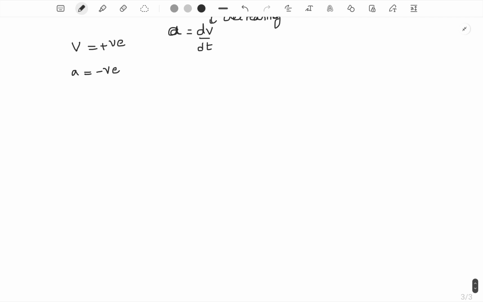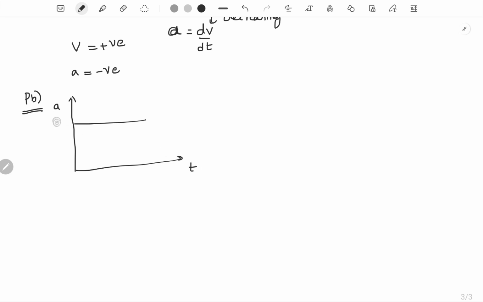Now let's discuss a few example problems based on uniformly accelerated motion. Let's say they gave us the acceleration-time graph of a body, something like this.